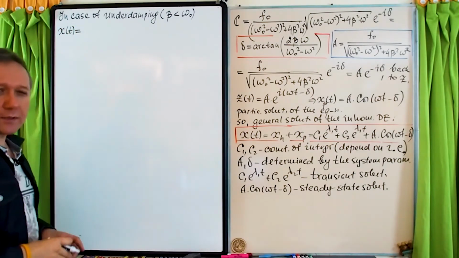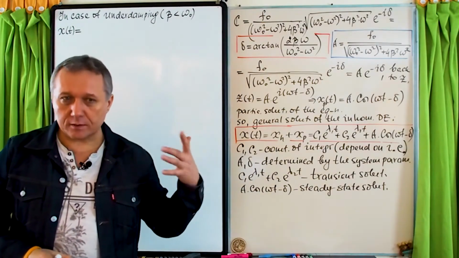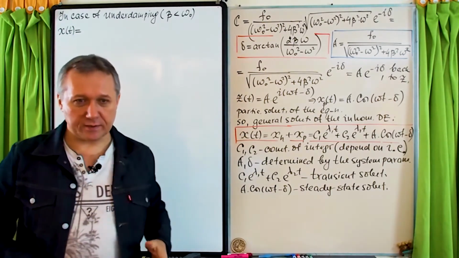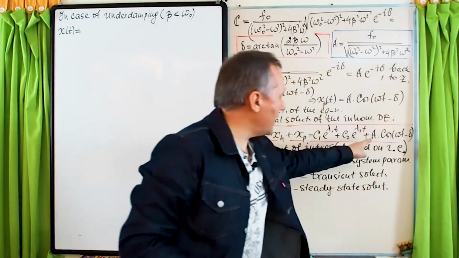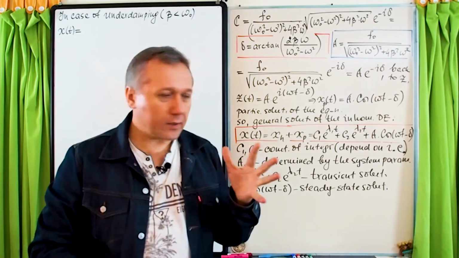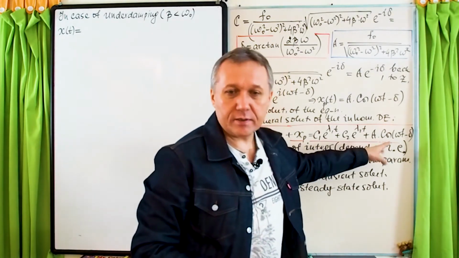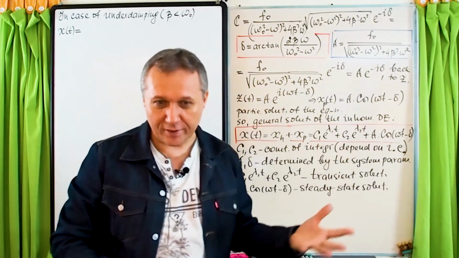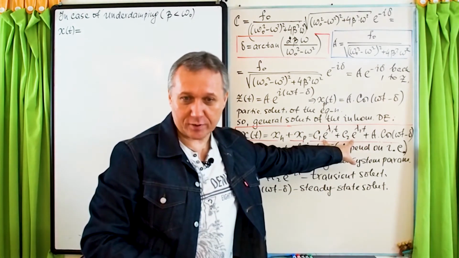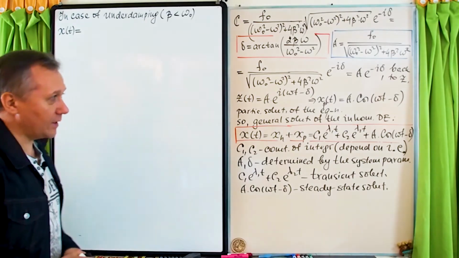So let's use the phase-shifted cosine solution. You remember that, A cosine omega t minus delta. But since we already have A and delta over here, these constants, let's use constants A sub tr, which stands for transient, basically because now I'm rewriting this part of the solution for the case of underdamping.